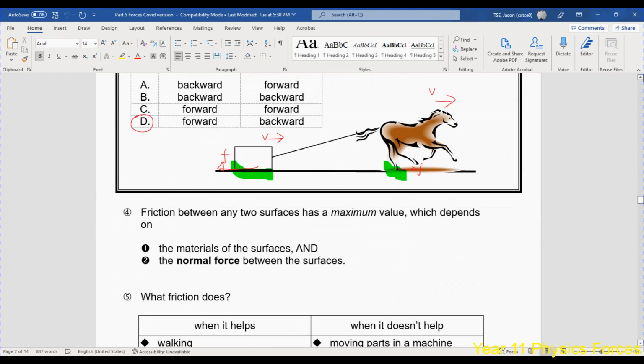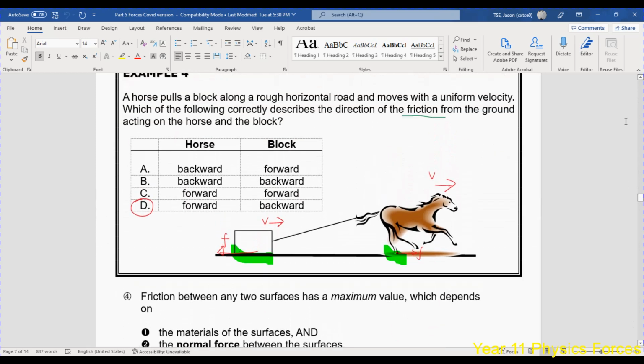And this example is actually quite good. You see both the horse and the block are pulling towards the right, but they have very different friction on them. For the block, it is sliding on the ground, so the friction is to the left. But for the horse, it is running.